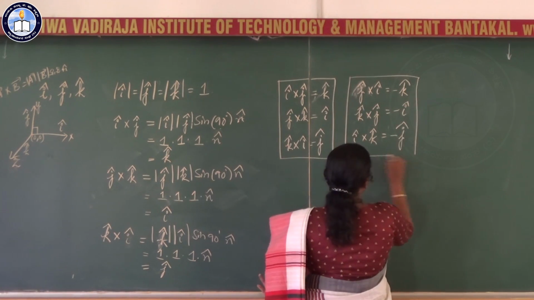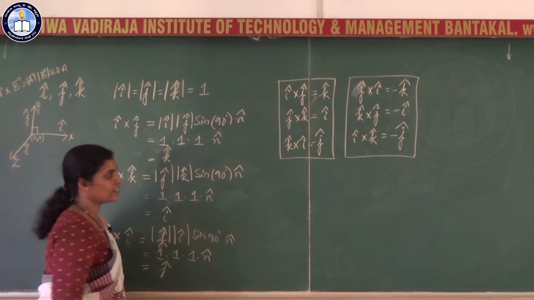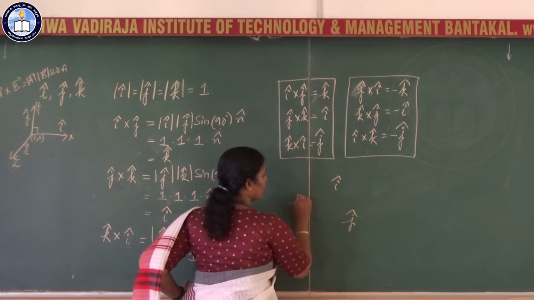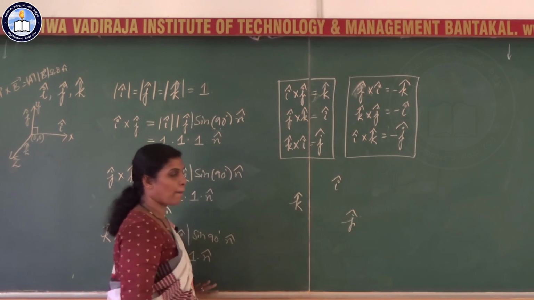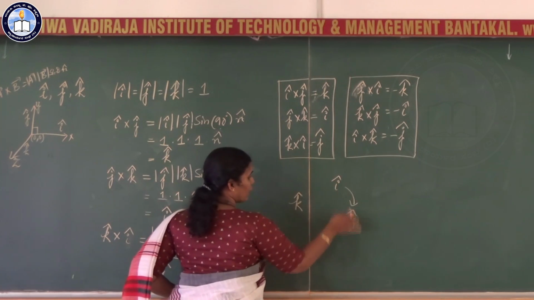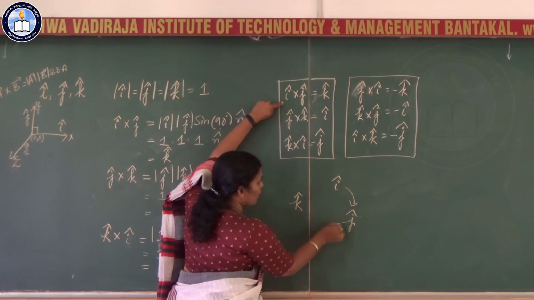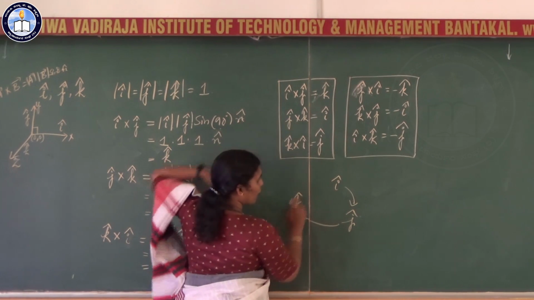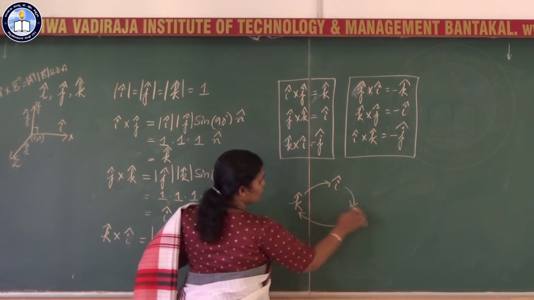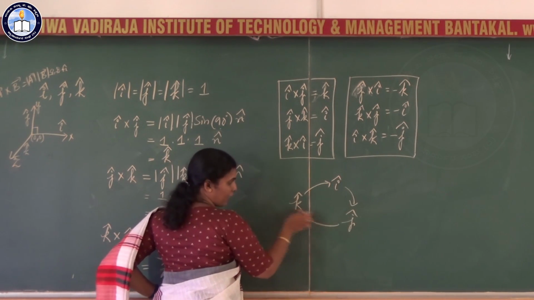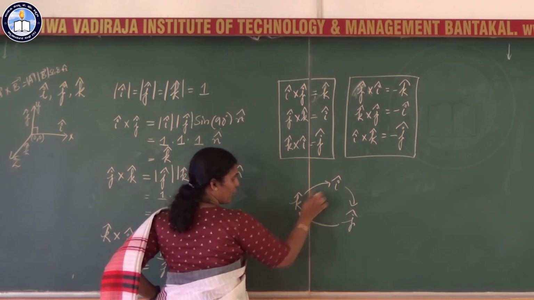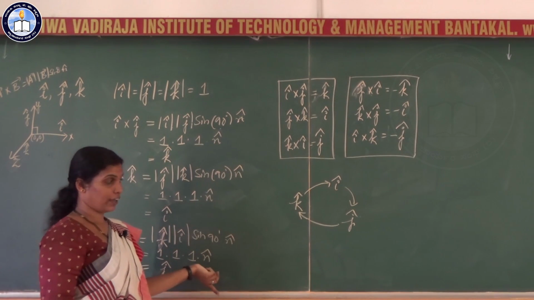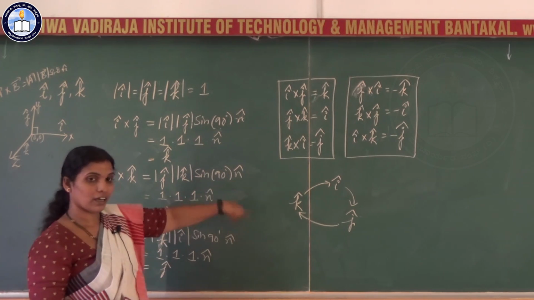So how to remember this? That is an easy way. You write i cap, j cap, k cap. i cross j equal to k cap, j cross k is i cap, k cross i is j cap. If it moves in the clockwise direction, it is positive.